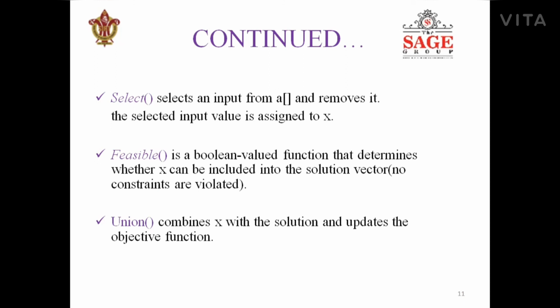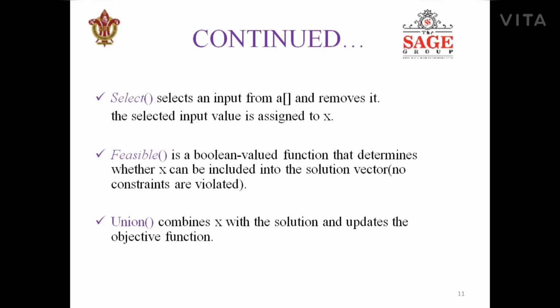If the input value satisfies all the constraints for selection, then that input value will be selected as an input, removed from the set of input values, and assigned to x.